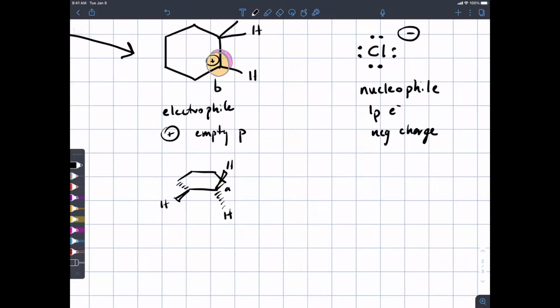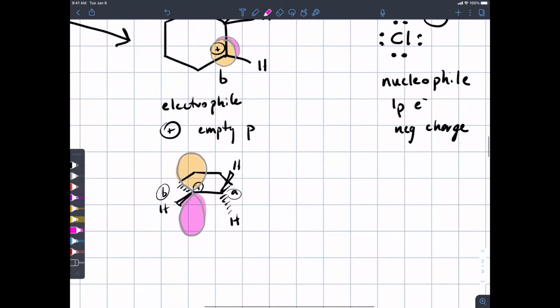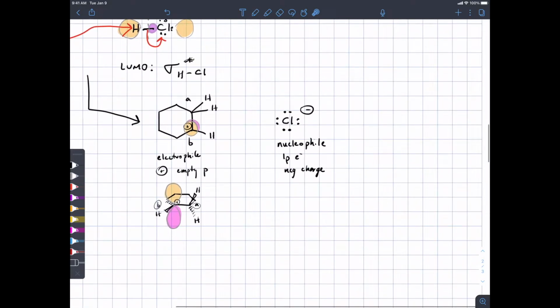I guess this is A and this is B. Would look like this. The colors here just represent a change in the sign of the wave function, and they help us realize that there is a node in the plane of the carbon and carbon-hydrogen bonds. Okay, so now make a prediction.